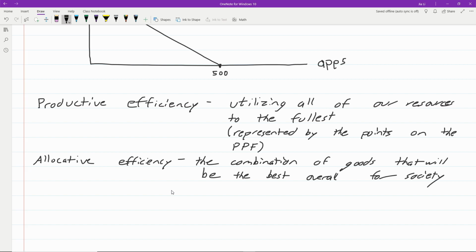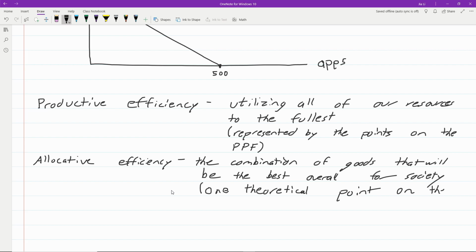So just to make sure that's clear, one theoretical point on the PPF. Now, of course, different people have different ideas of what is the best overall for society.